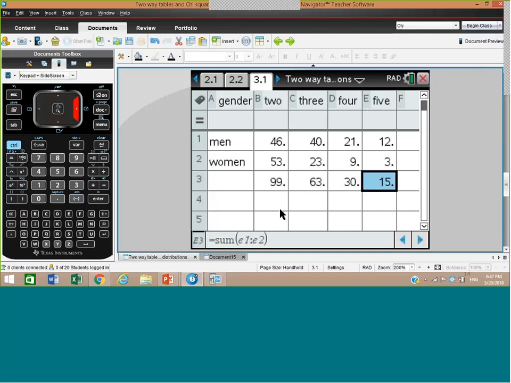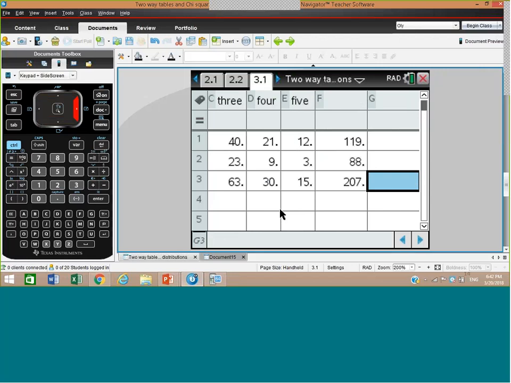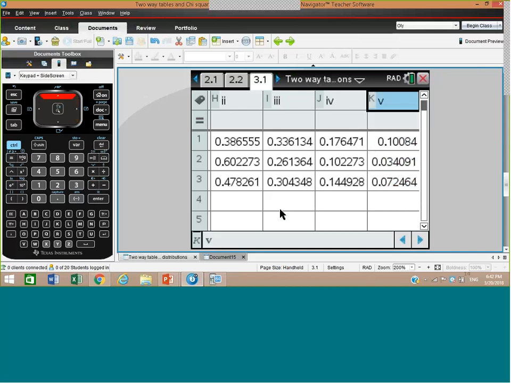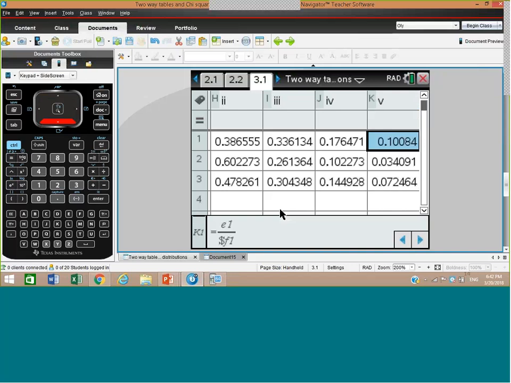But what we really need are those same conditional probabilities that Landy described before when we were trying to check for independence between gender and party affiliation. So I've built a corresponding table with proportions. It's the same basic idea with the cell references and totals. This 0.07, I labeled this V for 5, so this is people in their 50s.